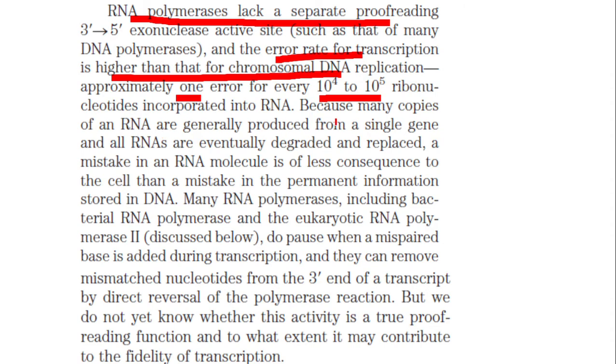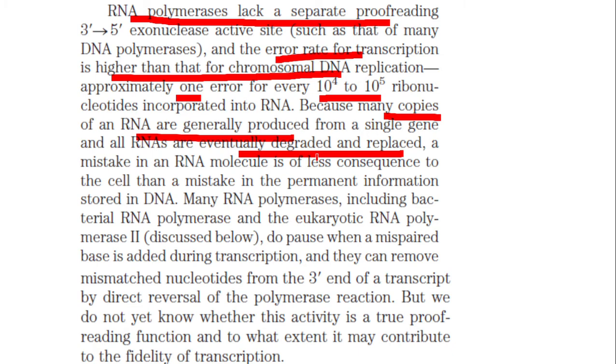And why is it not affecting us? You see, many copies of the RNA are generally produced from a single gene, from a single segment of DNA. And the life of an RNA is very little. They are degraded and they are replaced like that. From every mRNA, if a few polypeptide chains are produced, then they are degraded, then new mRNAs are produced.